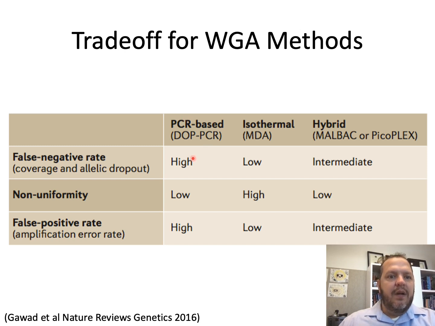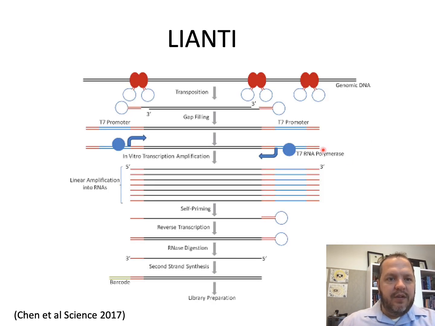The PCR-based methods don't cover a lot of the genome, but they're fairly uniform, but the error rate of the polymerase is much higher than the Phi29 polymerase, so they have a really high copying error or false positive rate. The isothermal methods cover most of the genome, but in a very non-uniform manner, and the hybrid methods perform in between.